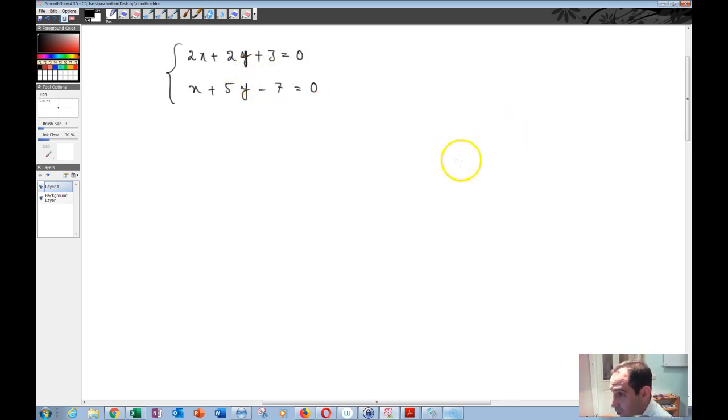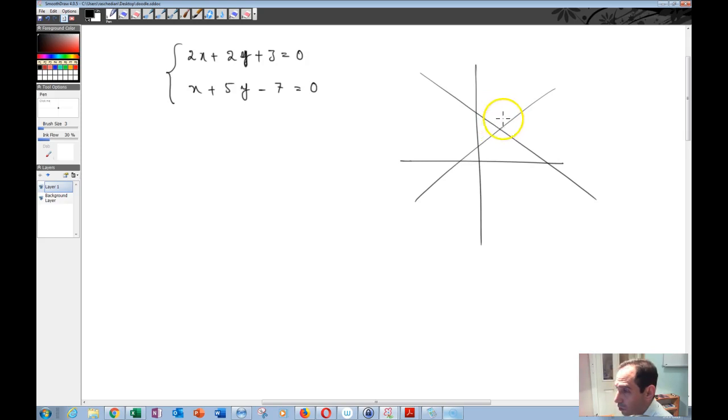So one way would be to draw the graph of these equations, and you would get two lines, and then you could say that this point is the solution of this pair of equations, because this point satisfies both of these equations.